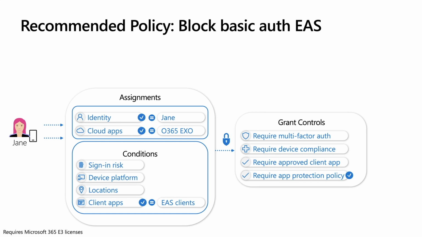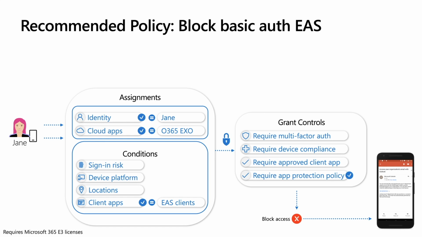In this allow policy, we're going to leverage the require app protection policy grant access control. Why? Because if the ActiveSync client is not defined in an app protection policy, the ActiveSync client's request will ultimately be blocked. And in fact, it's through the use of this grant access control that we can actually guide the user along the correct pathway.